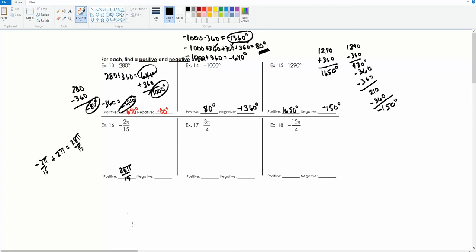I could add 2 pi again and get another positive coterminal. All right, a negative coterminal. Well, what I can do is subtract 2 pi, right? So now I'm going this way. So I would type in negative 2 pi over 15 minus 2 pi, and that's negative 32 pi over 15.